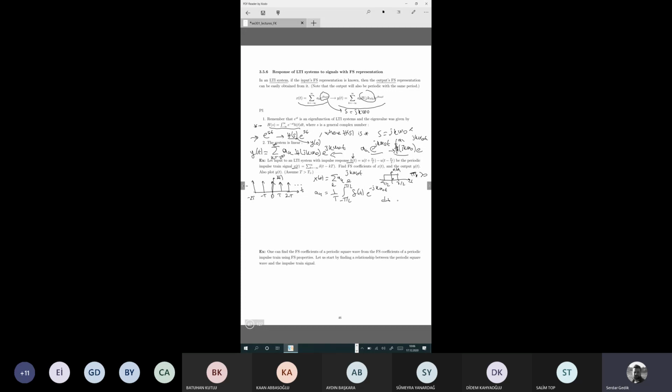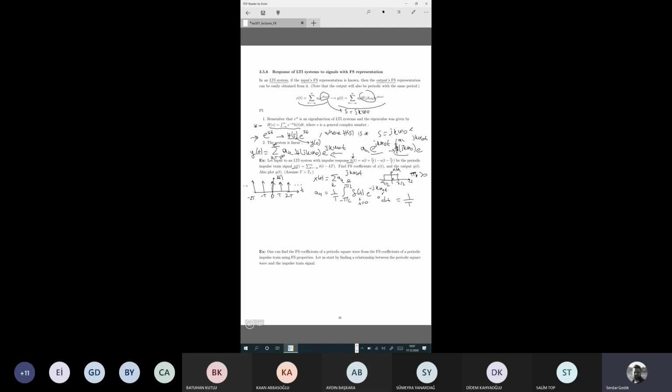By using the shifting property, this is non-zero whenever t is 0, so put 0 instead of t, and you have simply 1 over T. So these are my a_k coefficients, by using the shifting property.